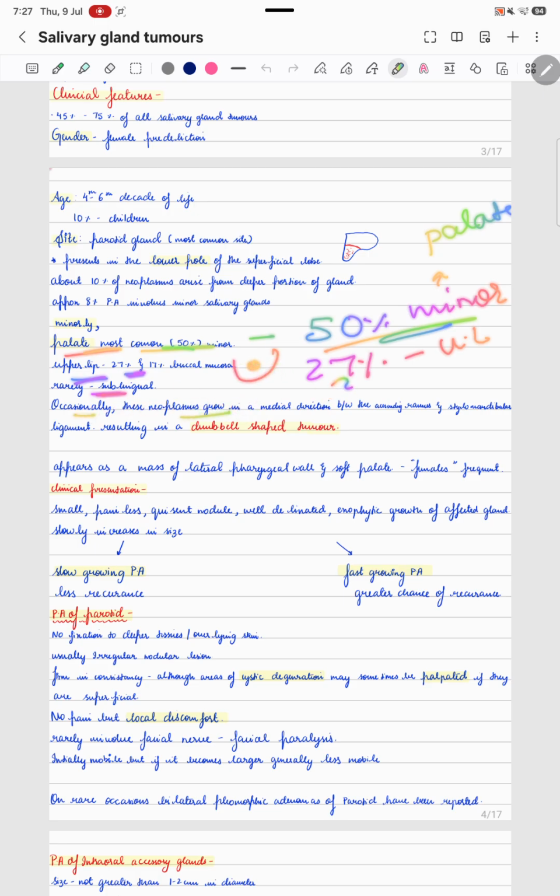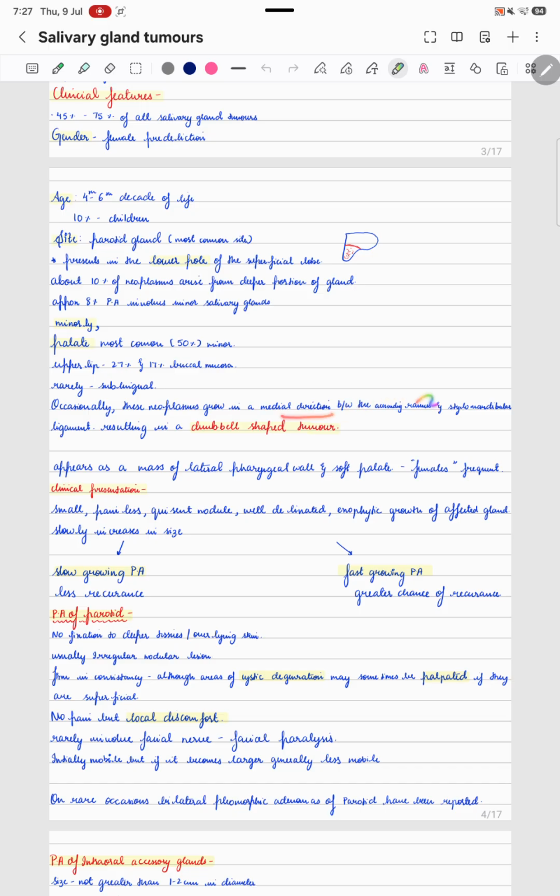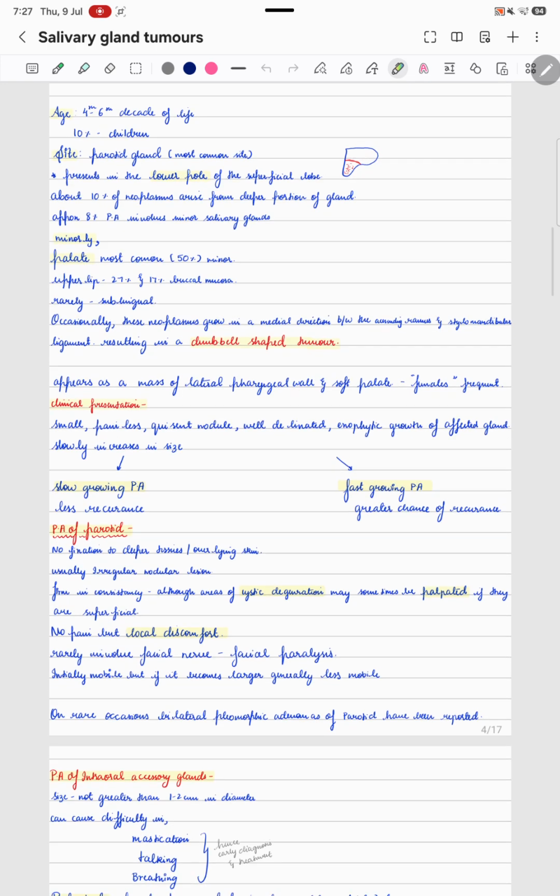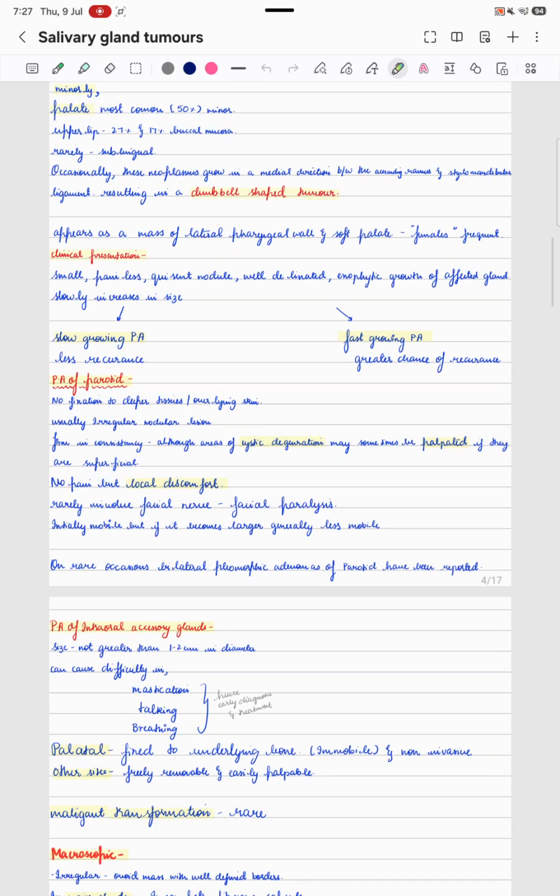Occasionally, these neoplasms grow in a medial direction between the ascending ramus of the mandible and the stylomandibular ligament in a dumbbell shape.